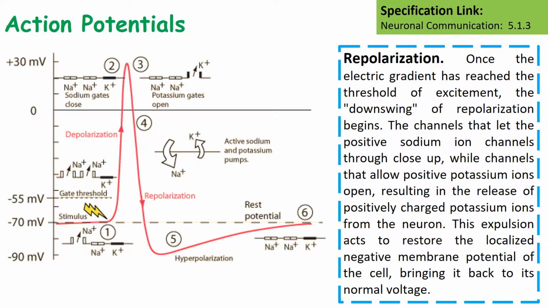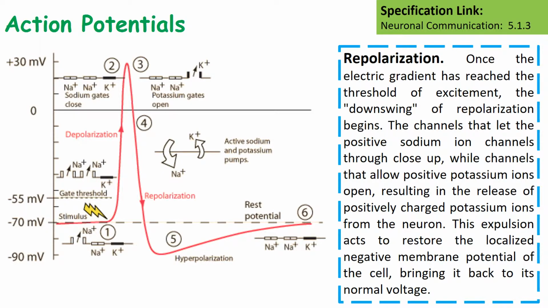When the outer membrane is repolarized, it follows this path. Once the electrical gradient has reached the threshold of excitement, the downswing of repolarization begins.